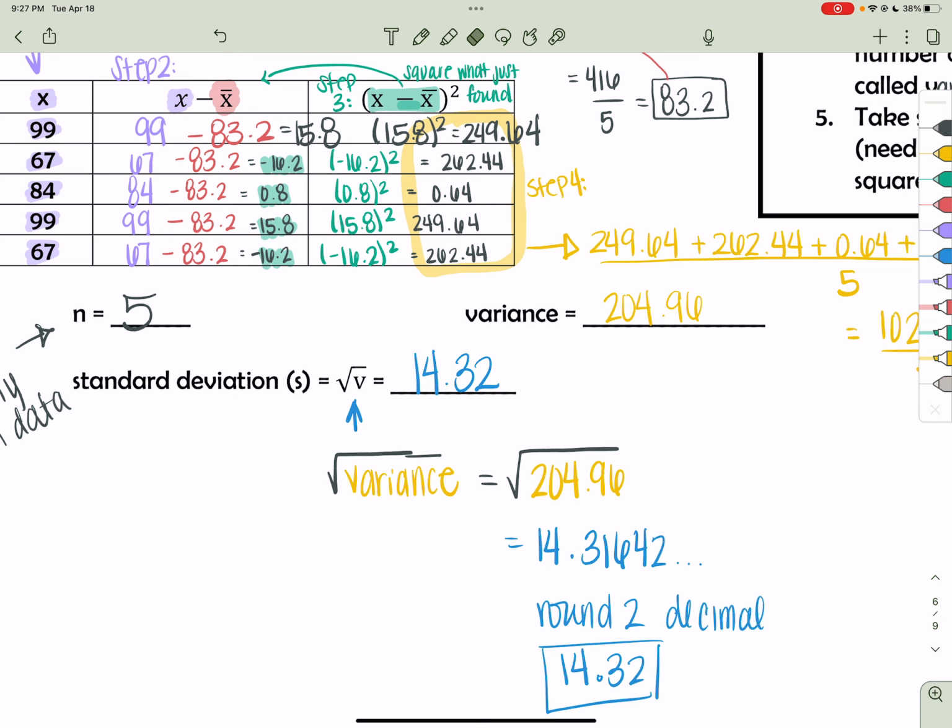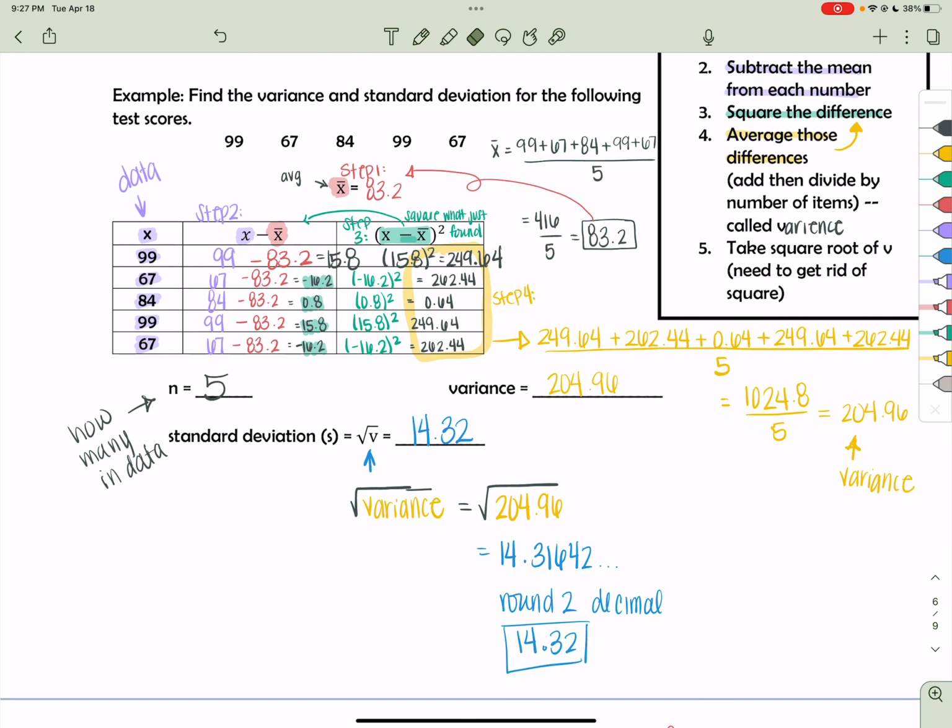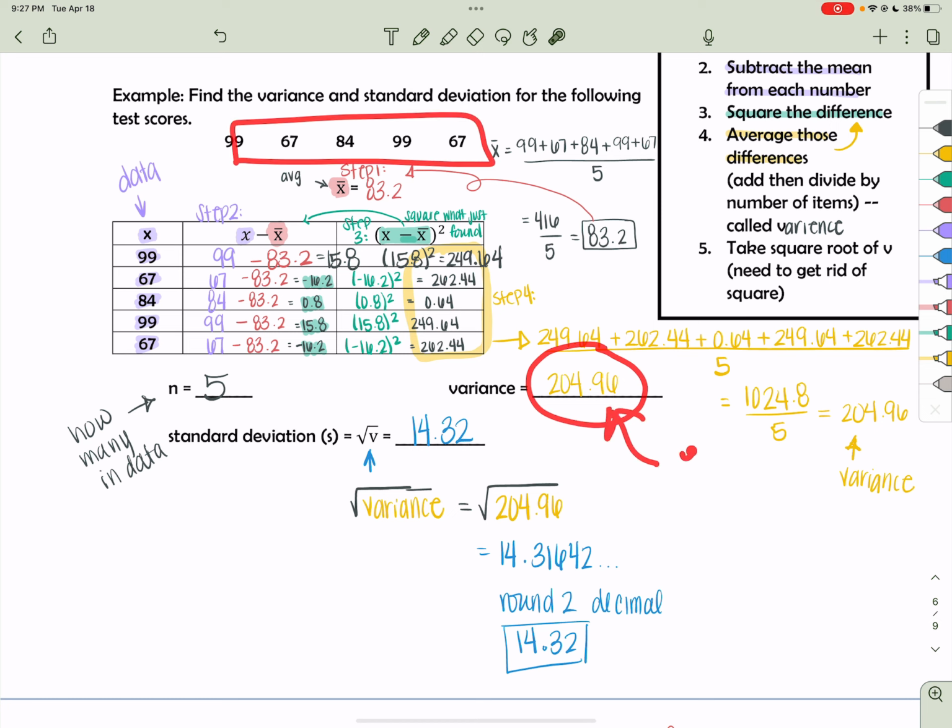and that is going to give me the standard deviation. The reason that I don't really look at variance much is because this is units squared. So in this, I'm looking at test scores. So this would be percent squared would be my unit. Percent squared doesn't make sense, but if I square root it, I've now canceled out that squared, and now I'm back down to percent.